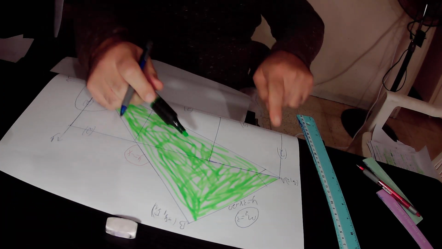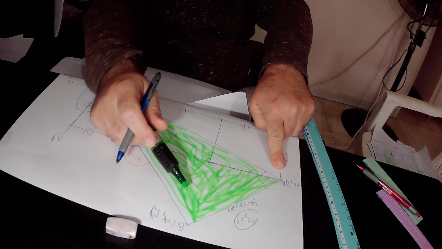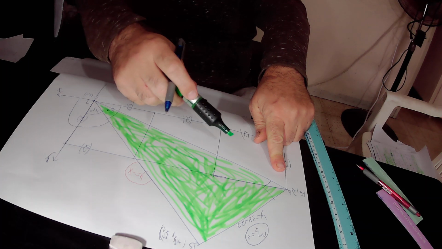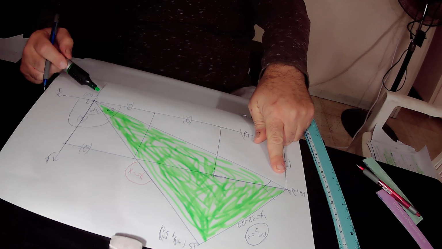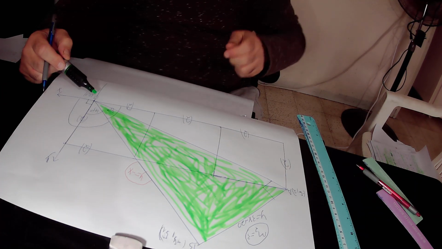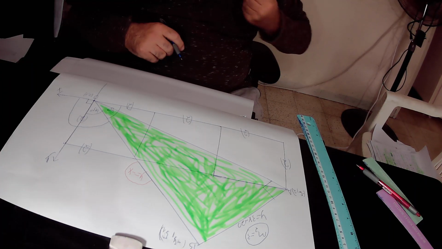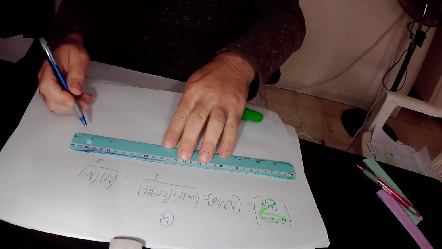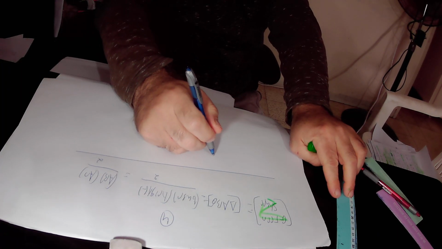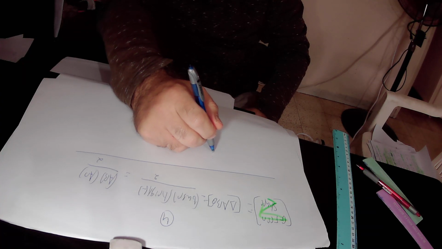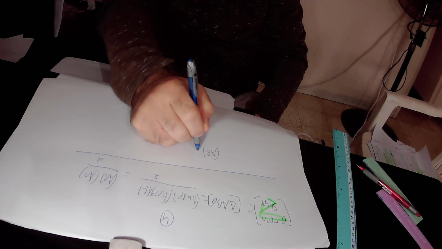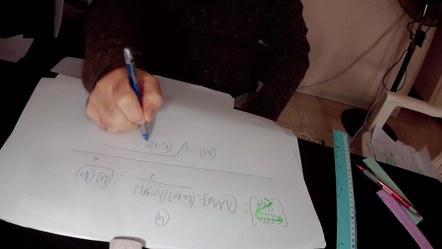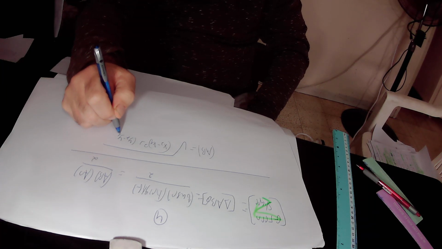In order to find out the length of side AB, we just calculate the distance between points A and B. Likewise, in order to find out the length of the height AO, you just have to find out the distance between points A and O. And we know that the formula for a distance between 2 points, for example between points A and B, is equal to the square root of x2 minus x1 squared plus y2 minus y1 squared.